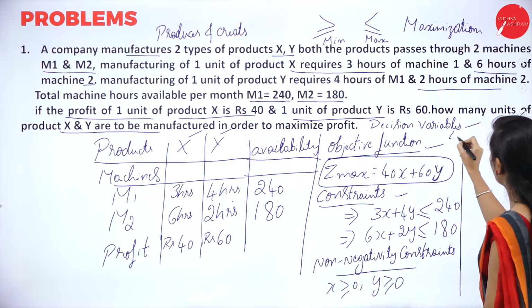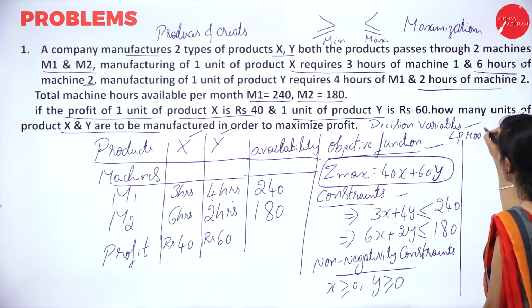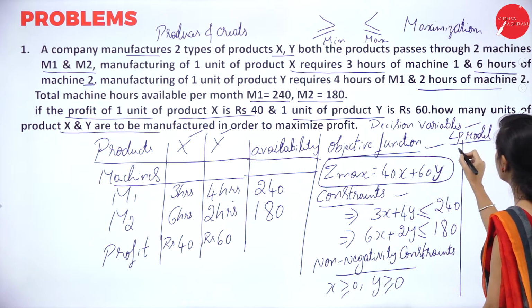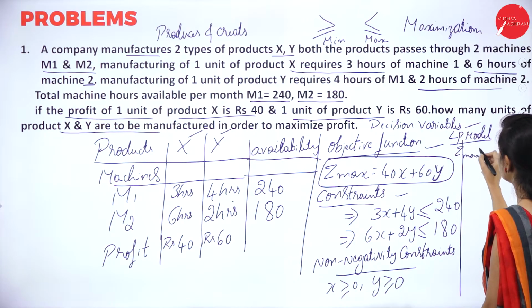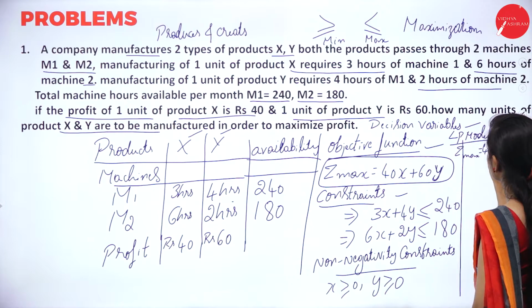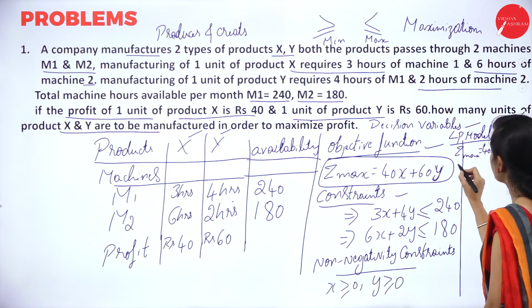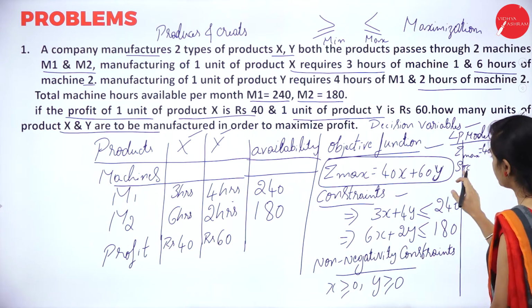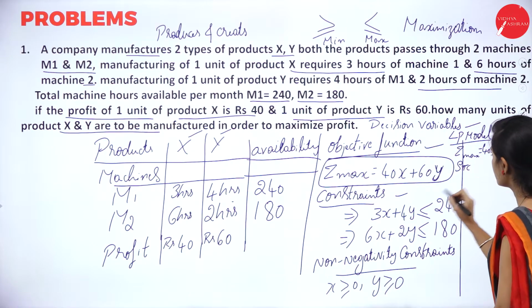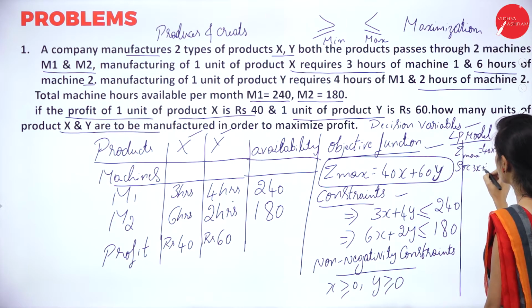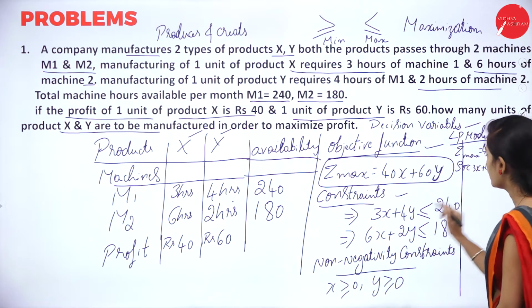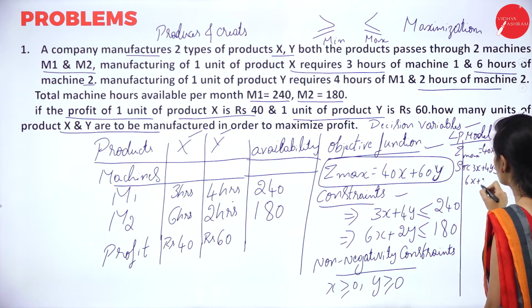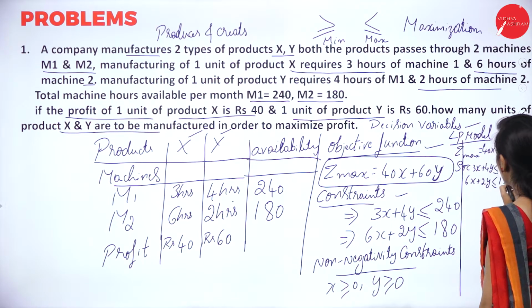The LP model is Z max is equal to 40x plus 60y, subject to constraints 3x plus 4y less than or equal to 240 and 6x plus 2y less than or equal to 180.